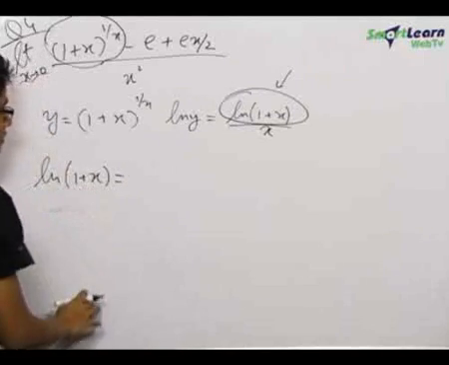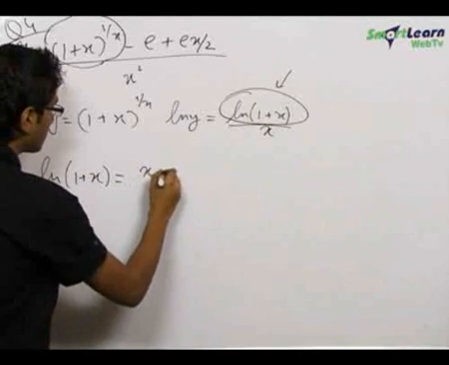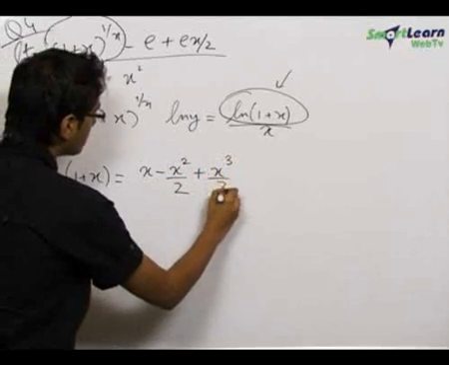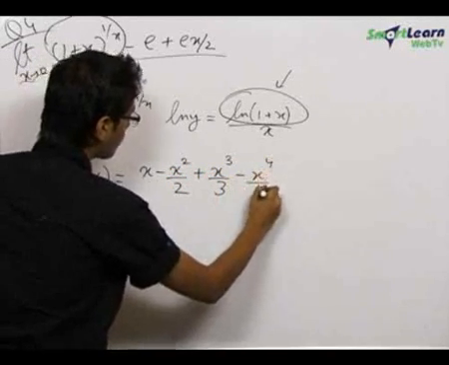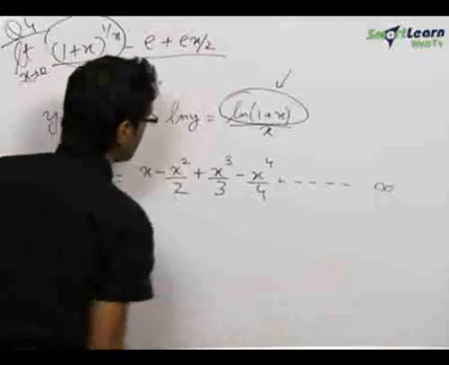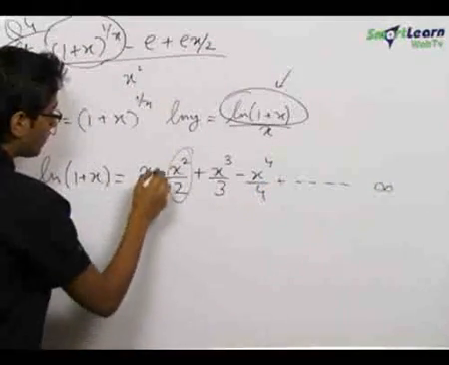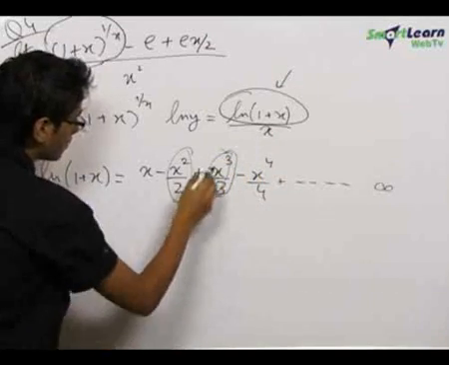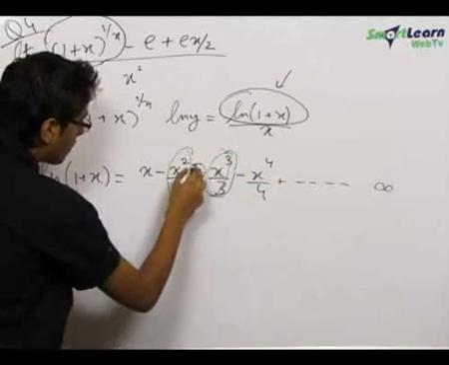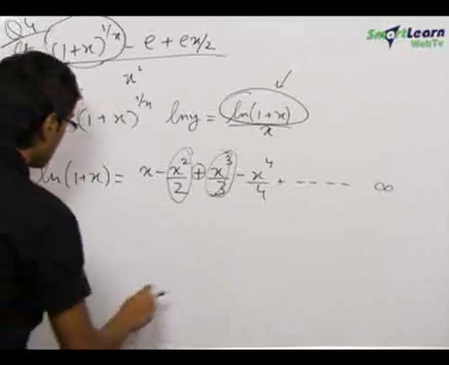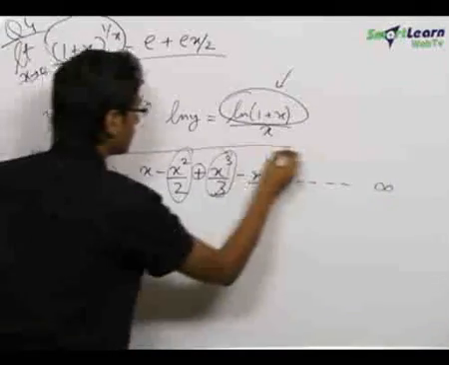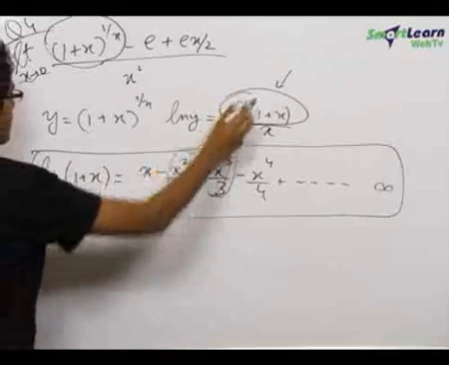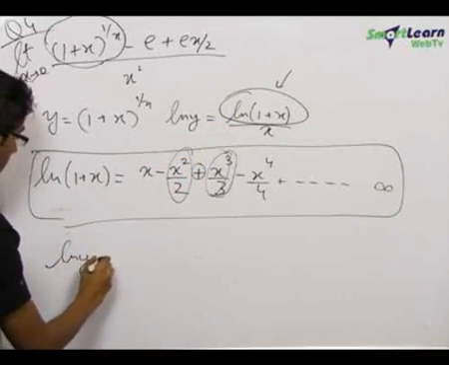This ln of 1 plus x can be written as x minus x square by 2 plus x cube by 3 minus x power 4 by 4 up till infinity. All the even terms have a negative sign with them, and all the odd parts of x have a positive sign with them. So this is the expansion of ln 1 plus x.